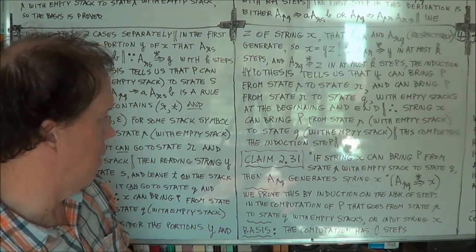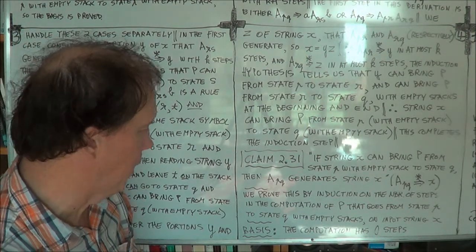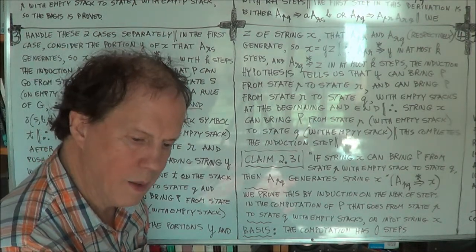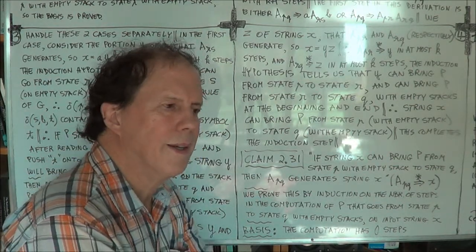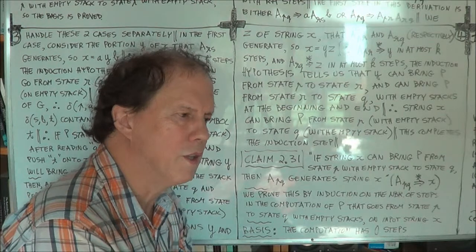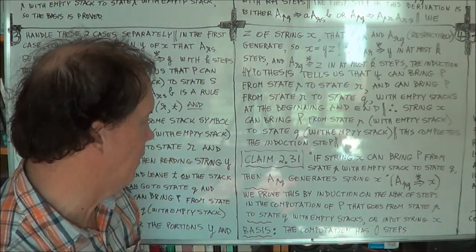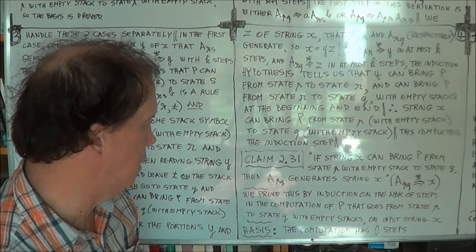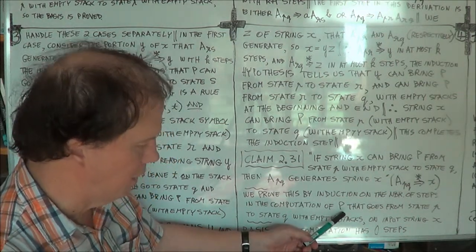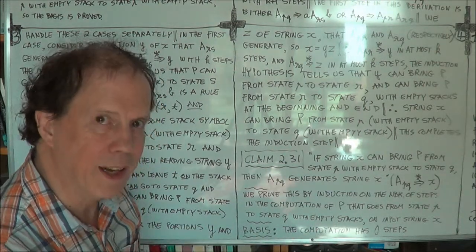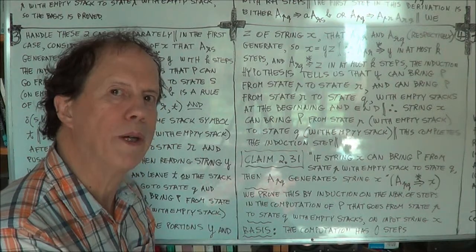Now again we have to prove that by induction. Induction always involves an integer of some sort. So what's the appropriate integer in this context? It will be the number of steps in the computation of the PDA; before it was the number of derivations, in the grammar context.